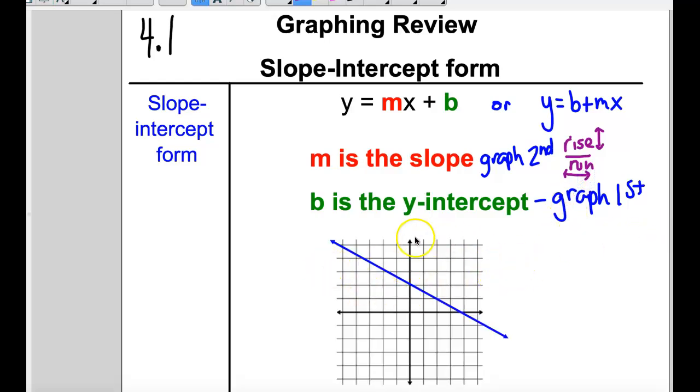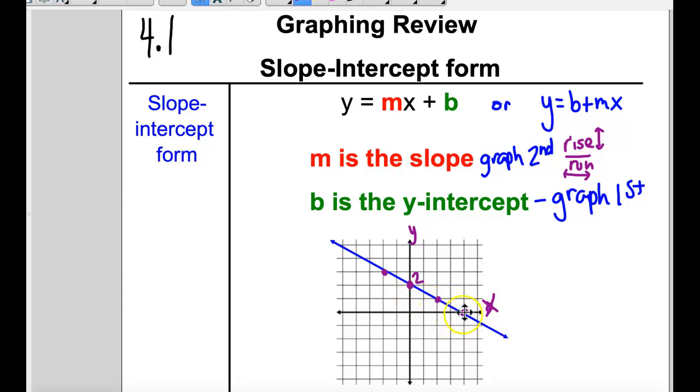So if I asked us to write the equation of this line, right? This is my y line, this is my x line. My y-intercept is that value, start at 0 up to, and then I'd find my slope. I didn't label these points beforehand, right? This slope is a negative slope because it's going downhill.